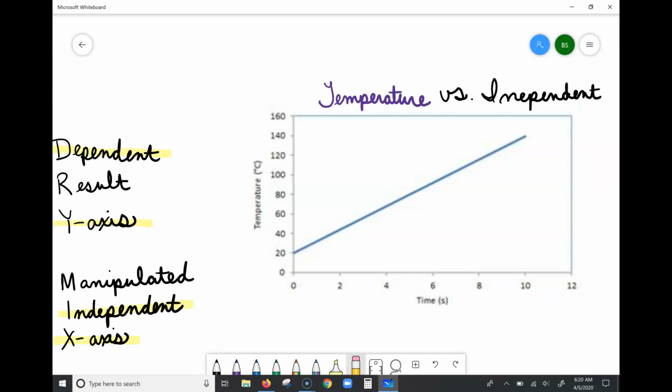And our independent variable, the thing that we changed, is the time on the x-axis. Now when we look at the title, we know right away that the temperature was dependent on the time, and we see that they are located on the correct axes on the graph.